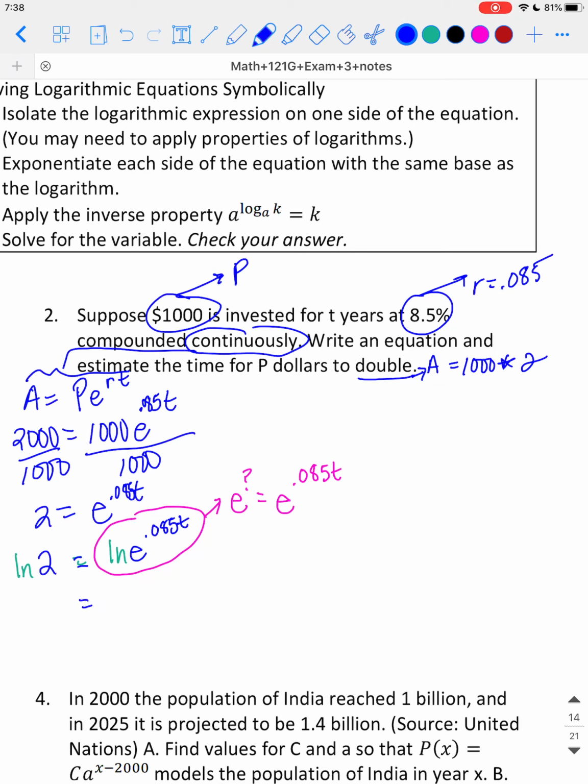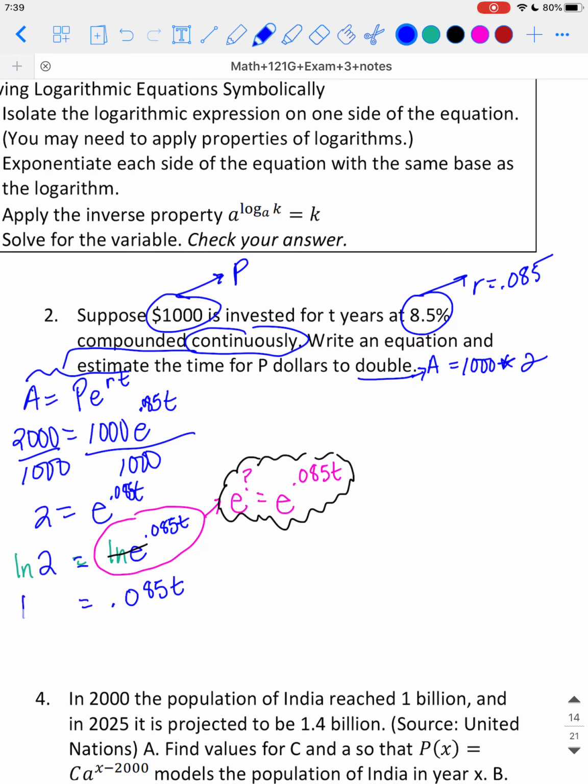So on the right hand side, it's 0.085t. And again, some of us might just say, well, ln and e are inverses of each other, so we're left with 0.085t. But again, this right here is the more correct analysis.